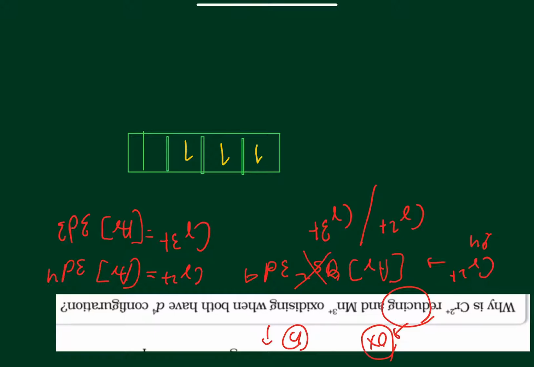This is stable for chromium because these are t2g orbitals. The first three d orbitals are t2g, the other two are eg. You have to know your complex compounds to understand this question.